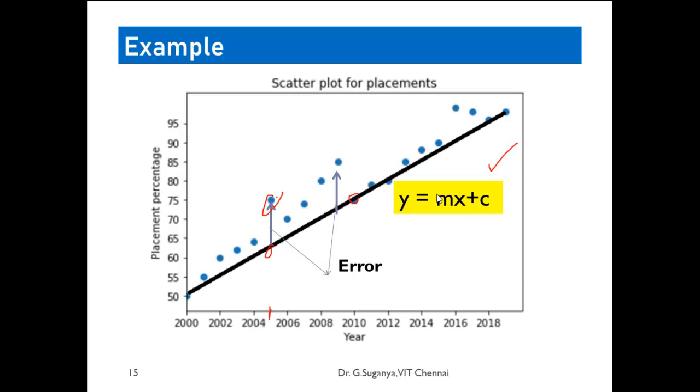Now, when you come to the straight line equation, what is m and what is c? In mathematical or statistical terms, m is nothing but the slope: how much is the degree of change in y when there is a unit change in x. When you change from 2005 to 2006, this is dx, the unit change in the x direction, and the change in the y direction is given by m, the slope.